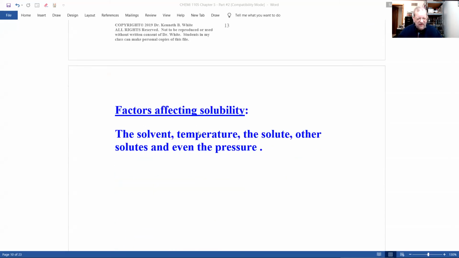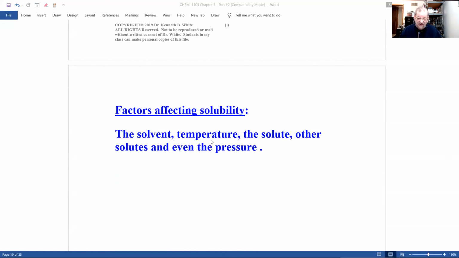What affects solubility? Well, what solvent you're using, the temperature at which you're trying to dissolve things. If you've ever made a sugar water solution called a syrup, to get the sugar to dissolve quicker, you heat it up. Now, what are you trying to dissolve in the solvent?